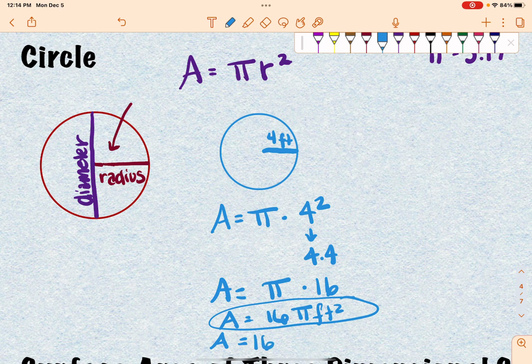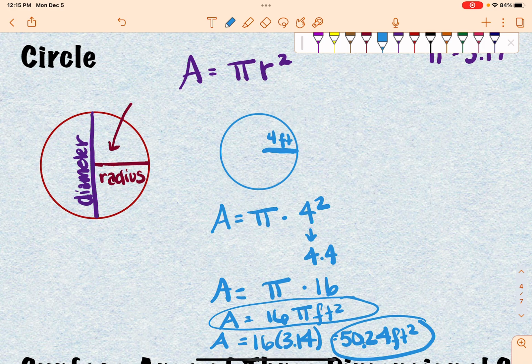Or if I put in 3.14 for pi, 16 times 3.14 is going to give me 50.24 feet squared. So either one of those, depending on the kind of answer you have, would be acceptable.